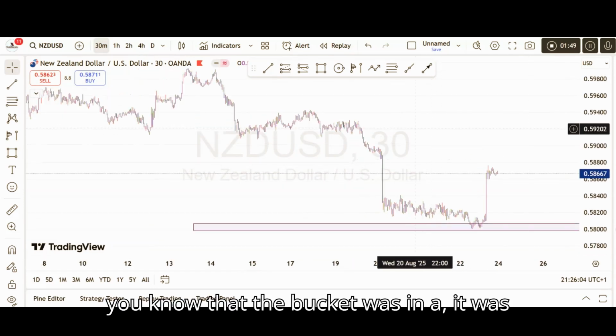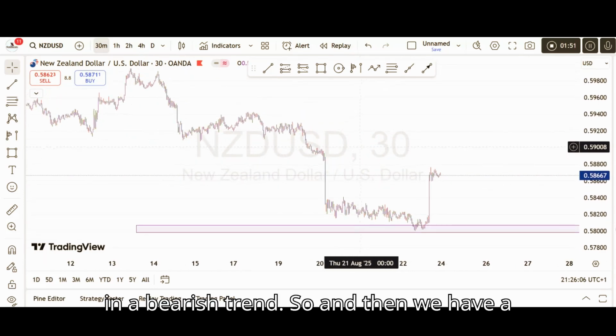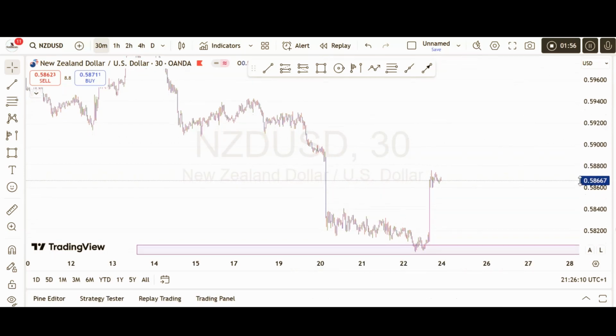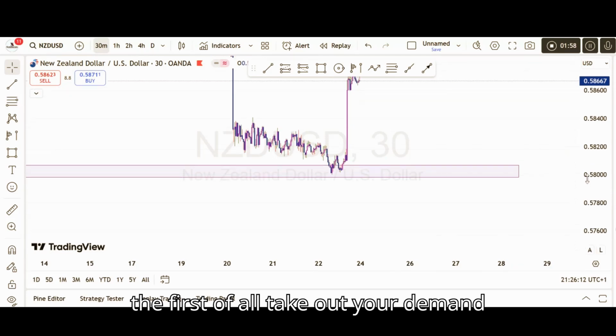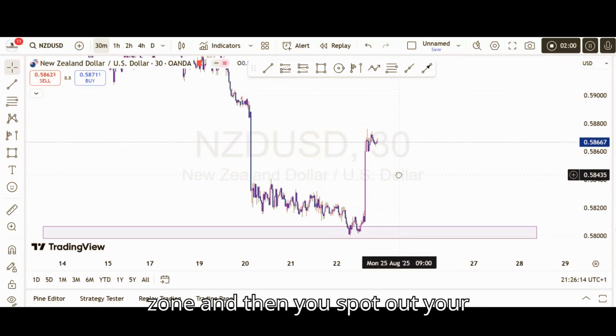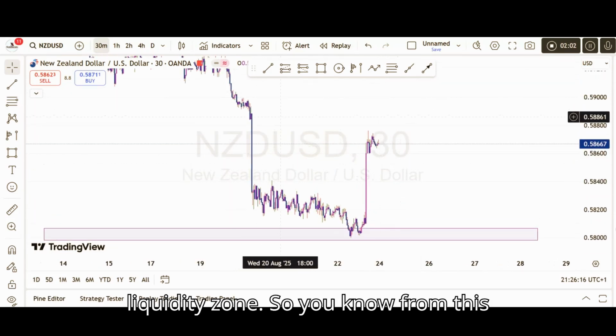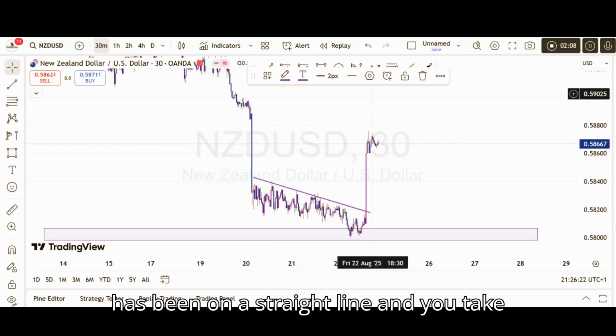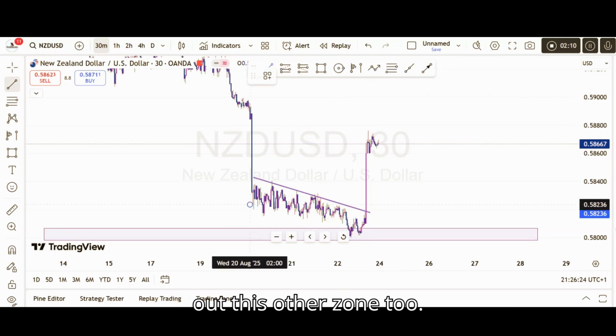The market was in a bearish trend, and then we have a break of structure around the zone. You take out your demand zone, and then you spot your liquidity zone. From this zone here, liquidity has been on a straight line, and you take out this other zone too.